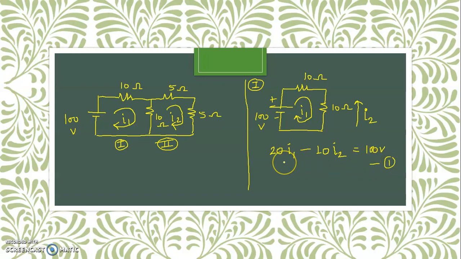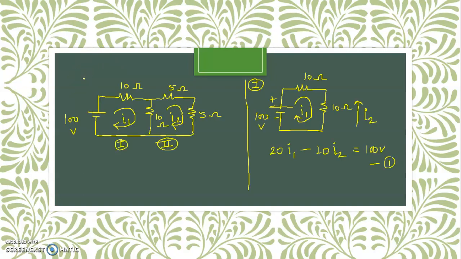Okay. Now consider loop number 2. What is there in loop number 2? Let us take 5, 5 and 10, right? So a 5 ohm resistance, a 5 ohm resistance, and this 10 ohm resistance.